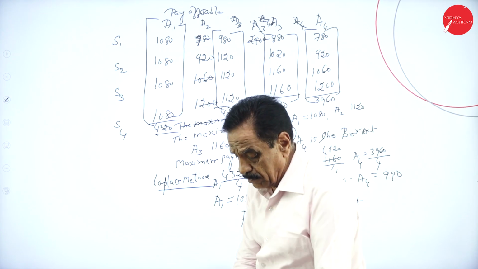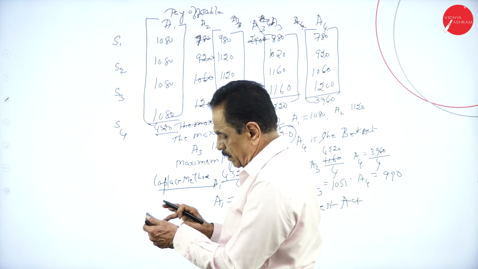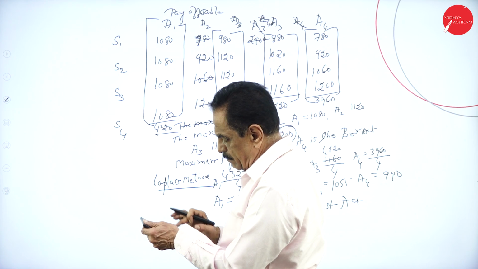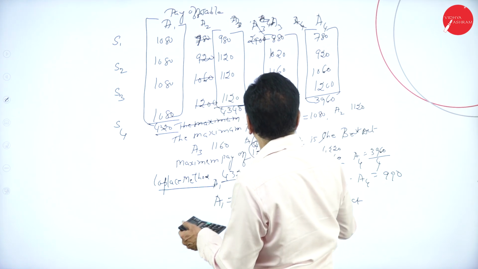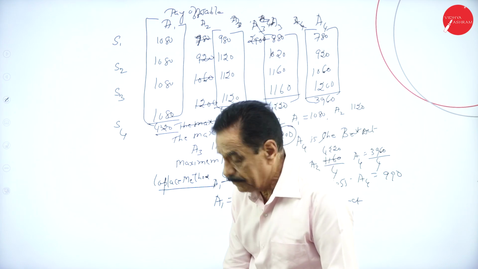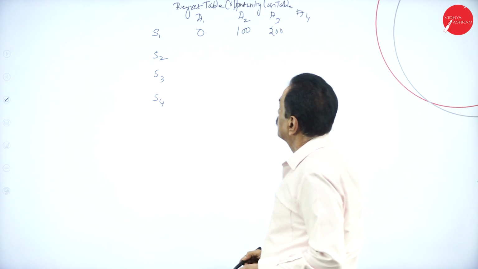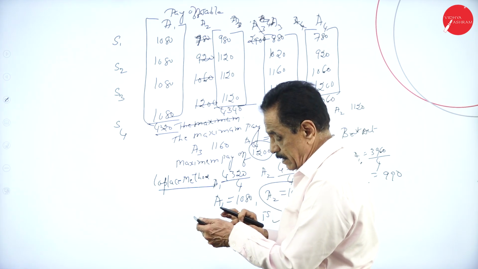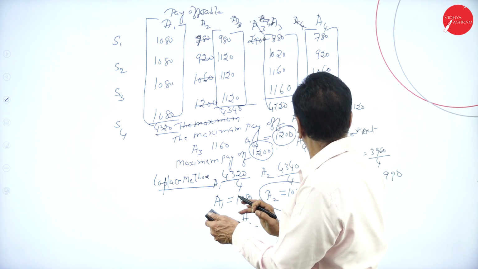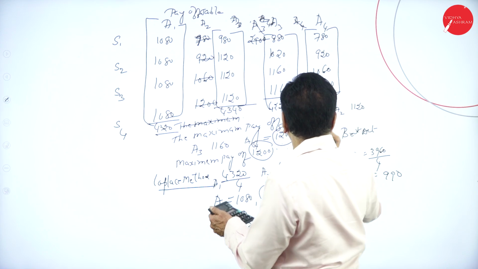Then 1080 minus 880, 200. So 1080 minus 780, 300.